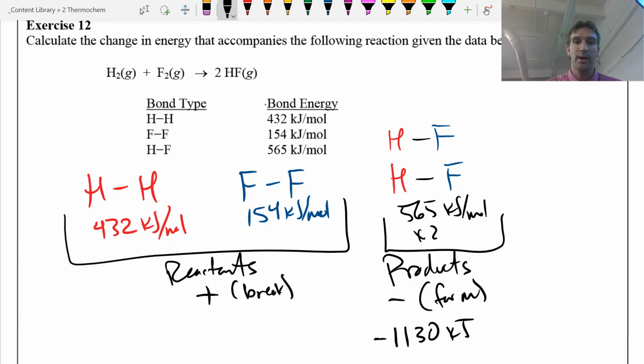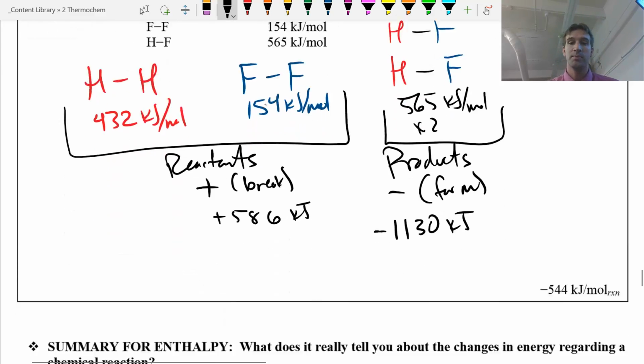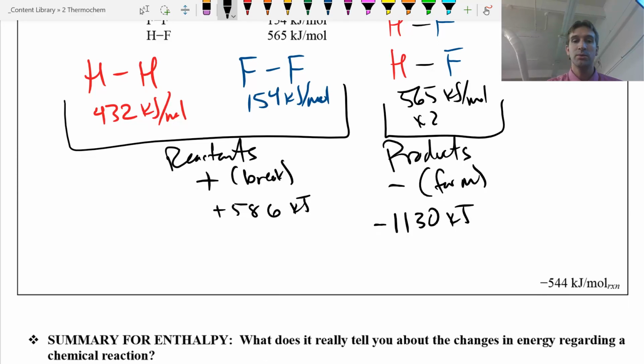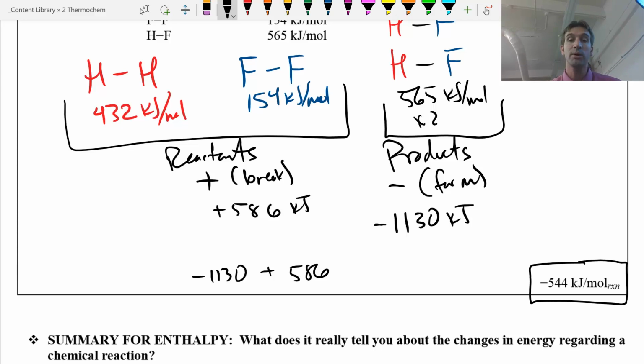We are going to have 432 and 154, so 586 positive, the energy in order to cause those to get broken. Combining these two, your products, negative 1130, and your reactants, 586, I should end up with negative 544 kilojoules per mole.